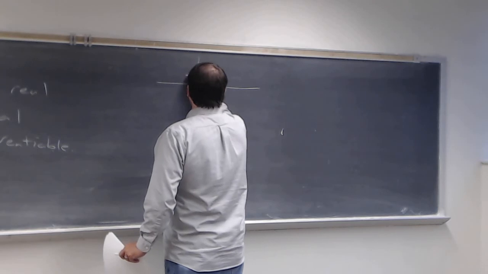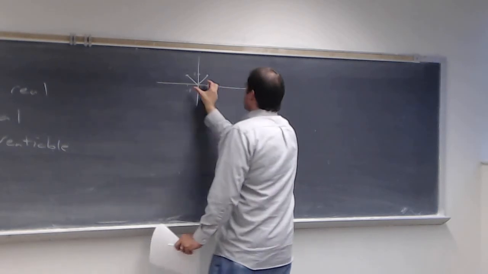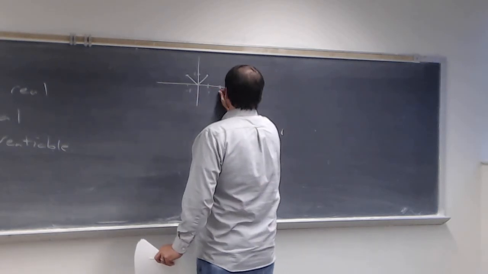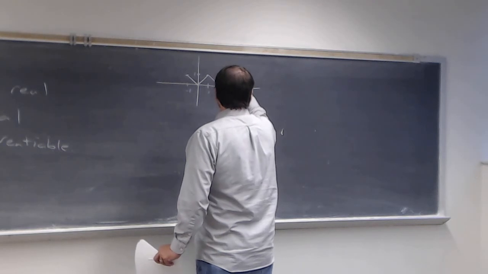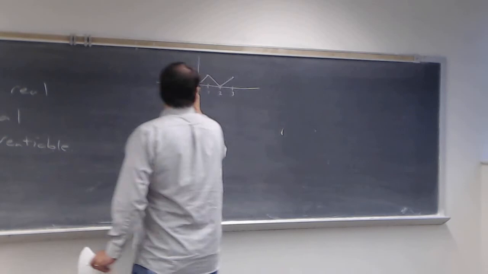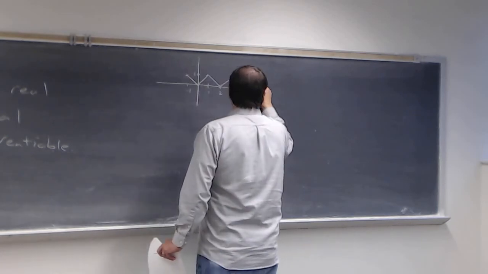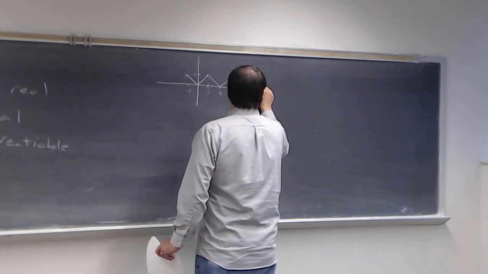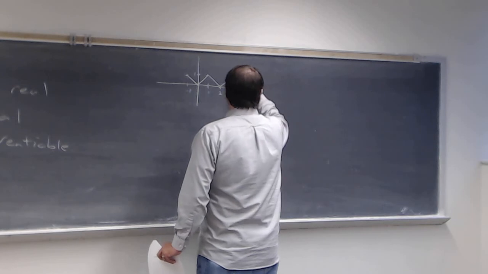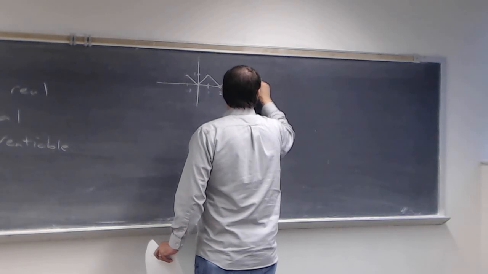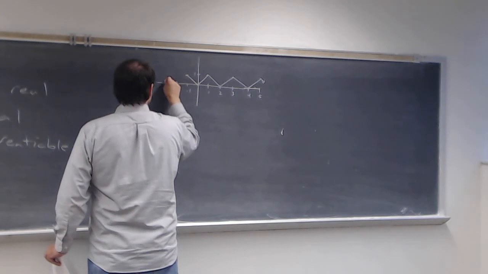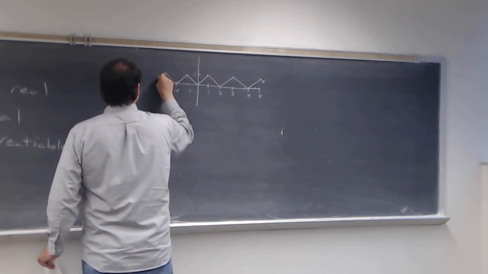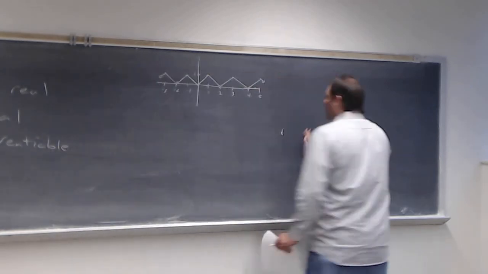And now this repeats, and so we just move this every 2 units. So there's 2, 3, we'll get the same V-looking shape. And then of course we can extend it a little further, 4, 5, and it's going to continue in this pattern. And then we back it up, -2, -3, and it keeps on doing this pattern. Okay, so that's what it looks like.